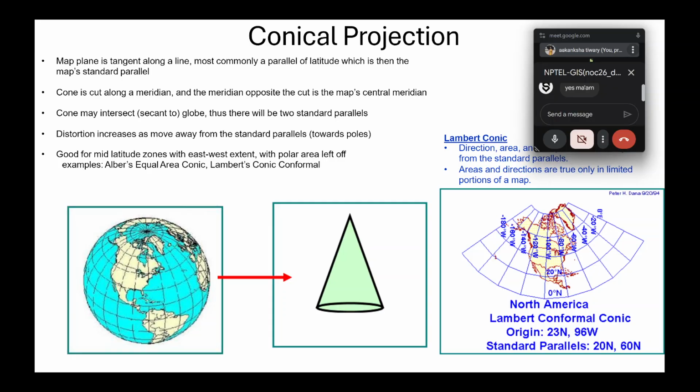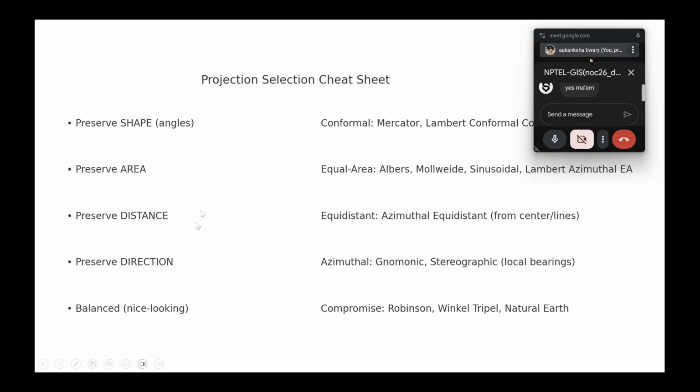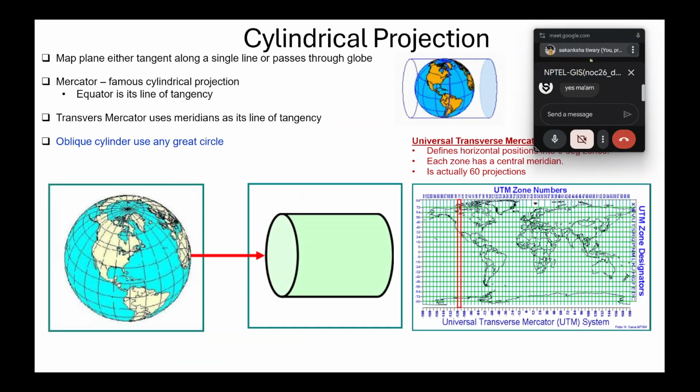But if you are interested in visually looking at area or distance, then you should go for this cheat sheet. Like if you want to preserve the direction or the shape of the different states, then you should go for these ones. Okay, so I hope up to this everything was clear.